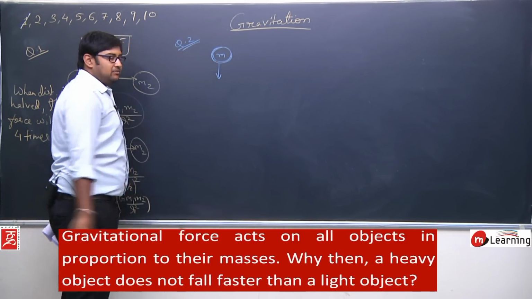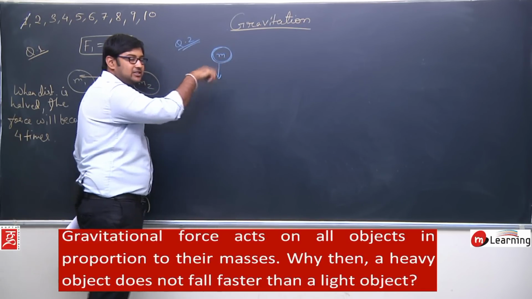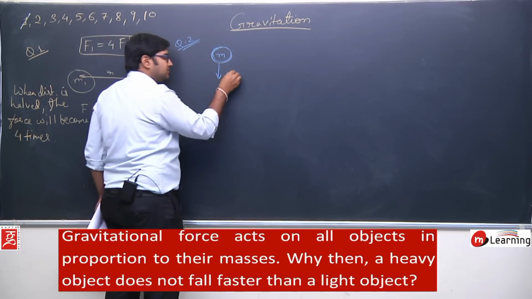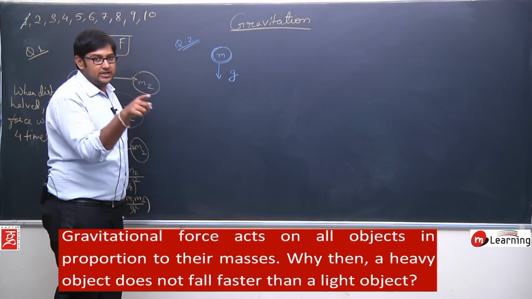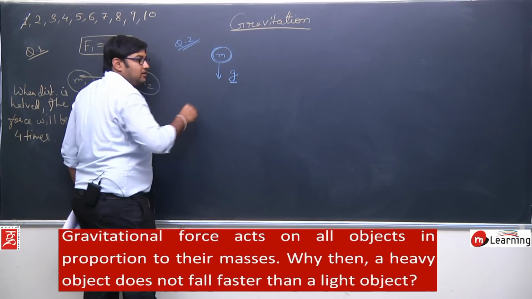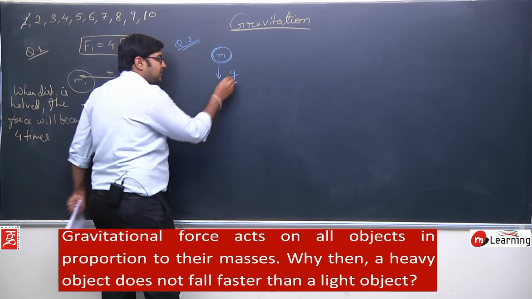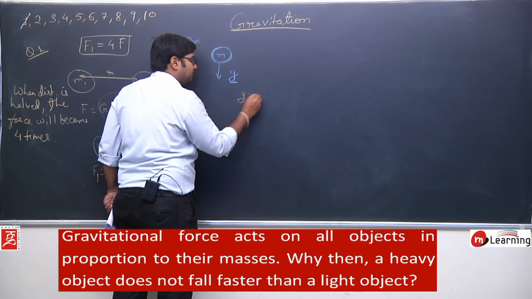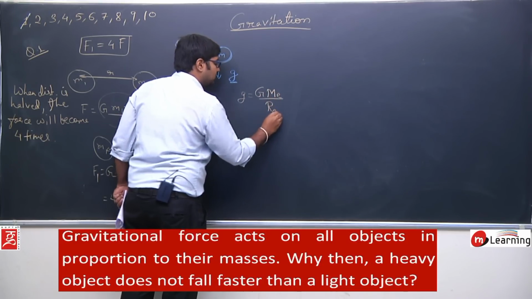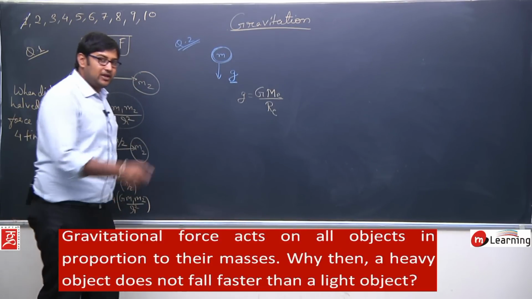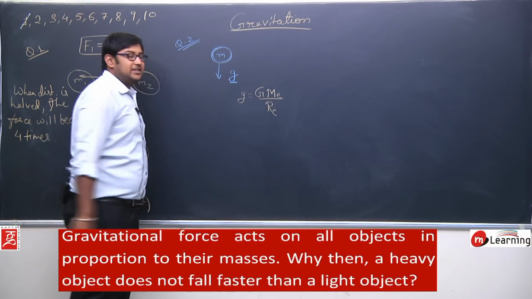So the acceleration with which this object is falling is g. So the velocity of the object will depend on g. And what is the expression for g? We have learned this expression. The expression for g is basically G times mass of earth upon radius of earth square. Now can you see, is the mass of the object making a change?